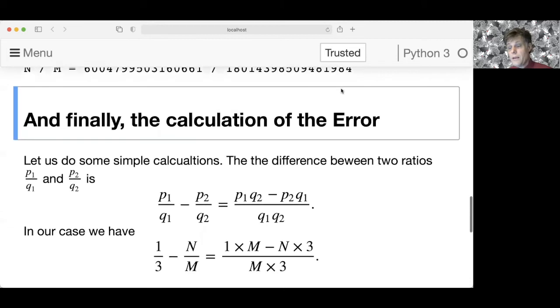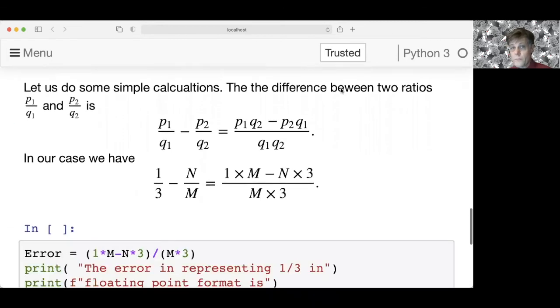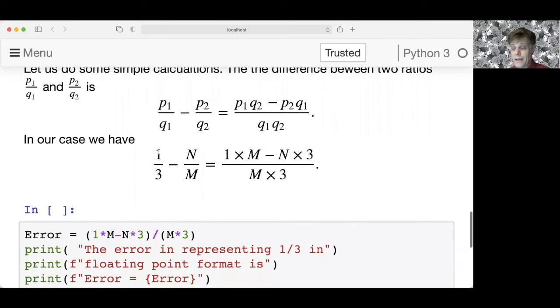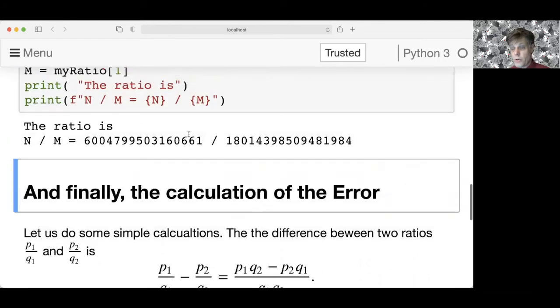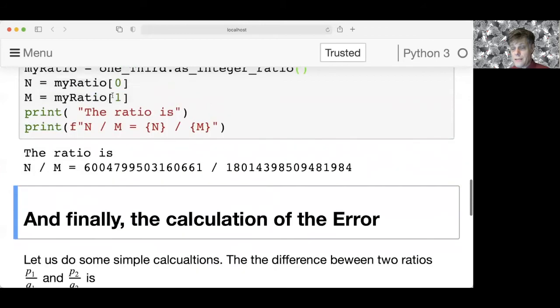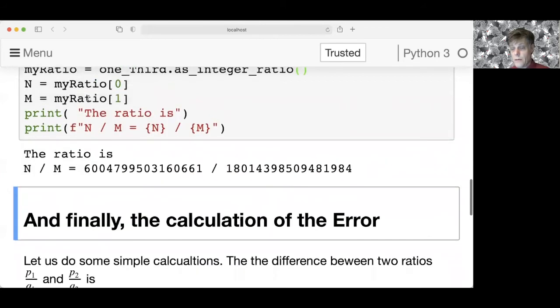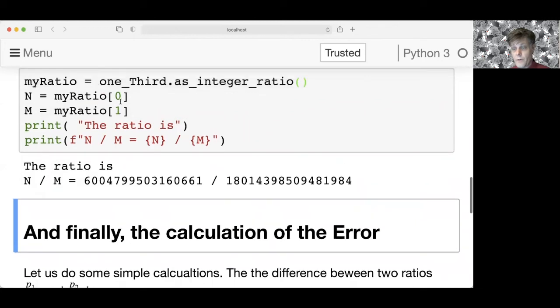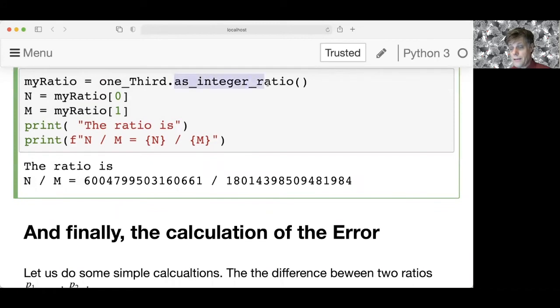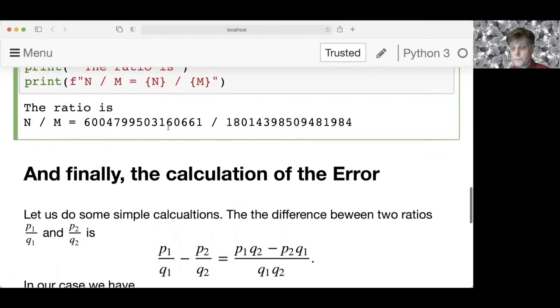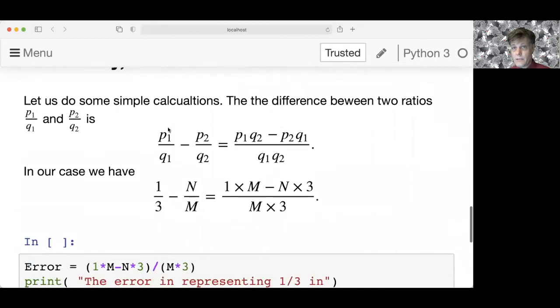So we need to compare the exact value, which is 1/3, with n over m. So we got n here, and we got m there from myRatio, and myRatio was 1/3 dot as_integer_ratio, which is a function in Python that gives us the exact ratio of the number.